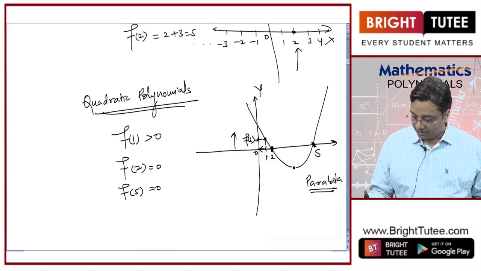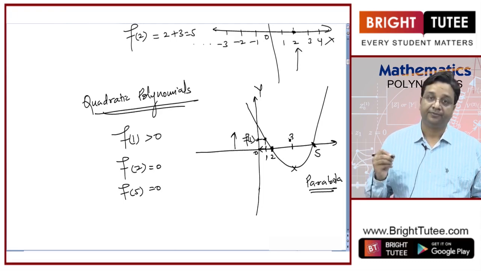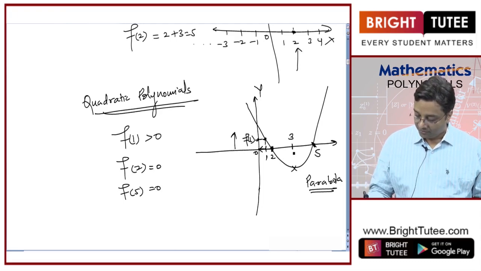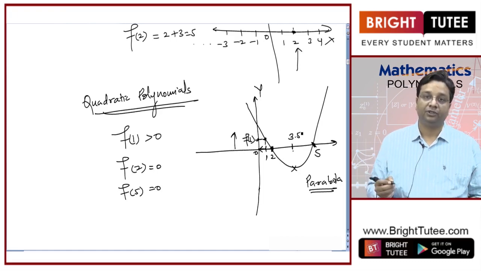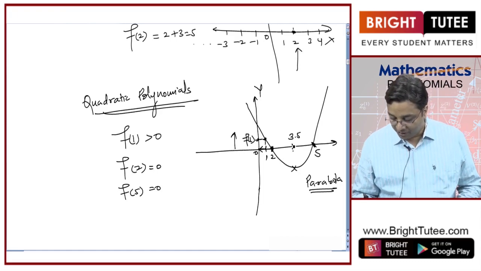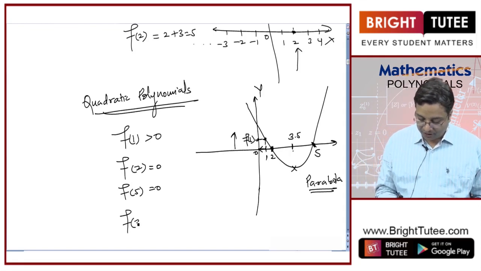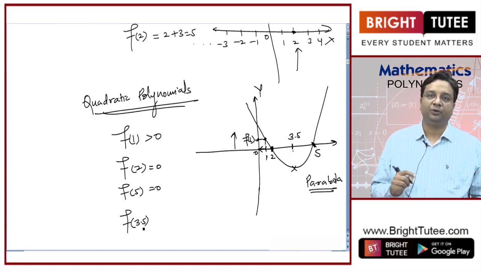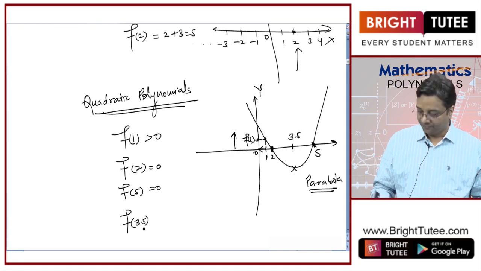And if I ask you, let us say at this place I take x equal to 3, right. So let us say this is 3.5 to be precise. Okay. So if I ask you what is f of 3.5, is it positive, is it negative, or is it 0?